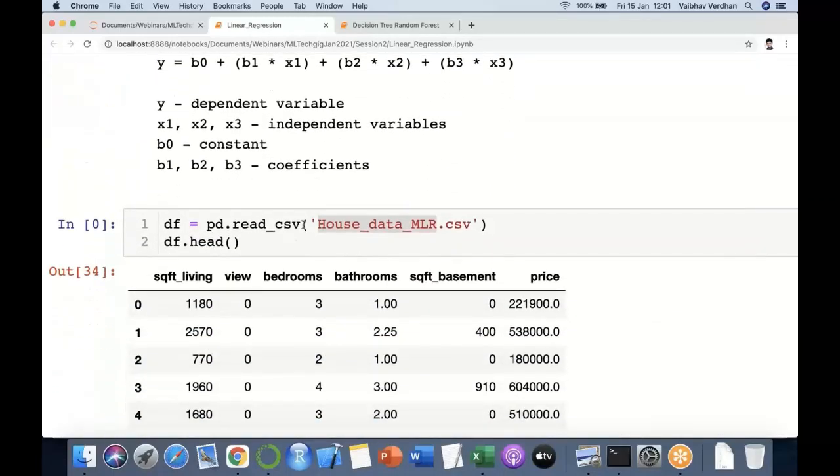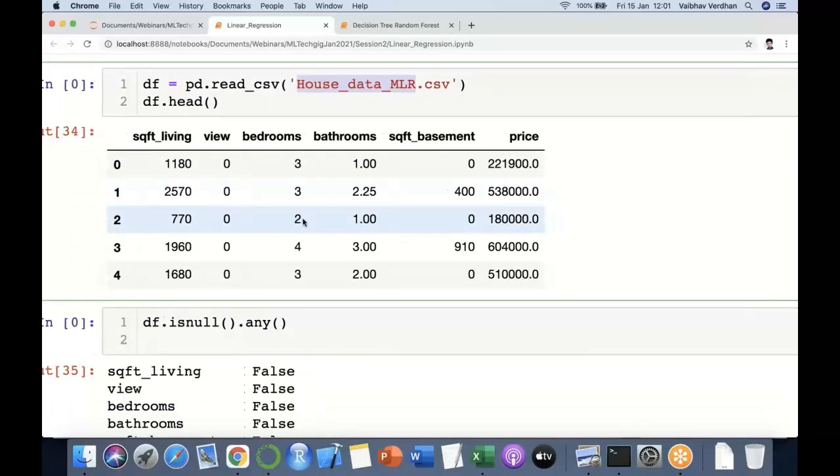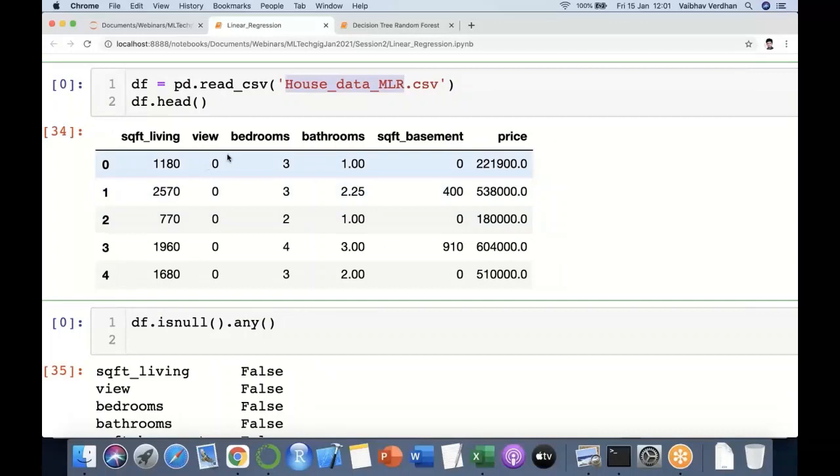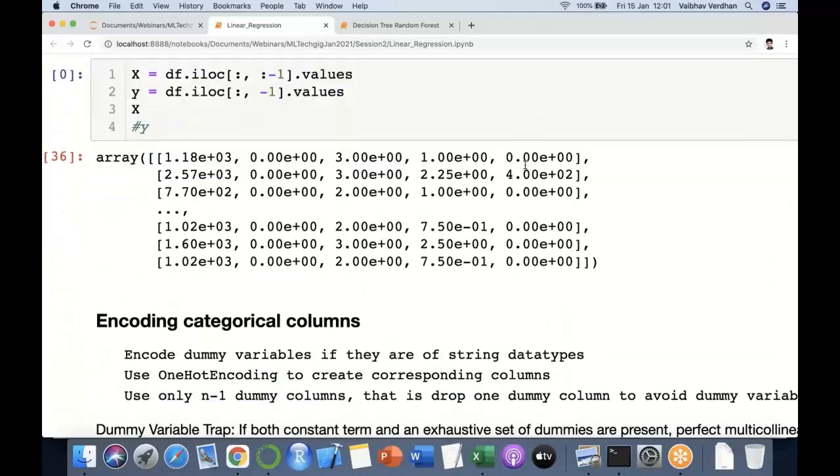If I extend this problem to multiple linear regression, I would have more than one variable: square feet, the view, bedrooms, bathrooms, square feet of the basement, and finally the price. Again, I have the same data sets.